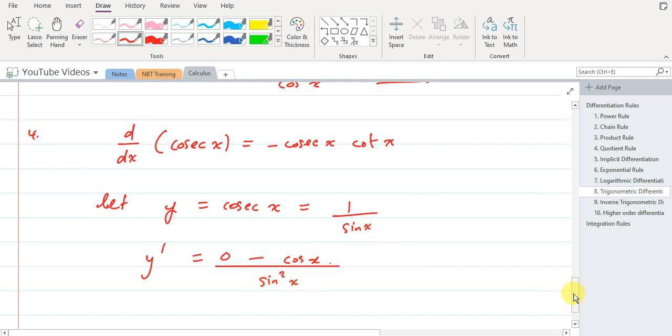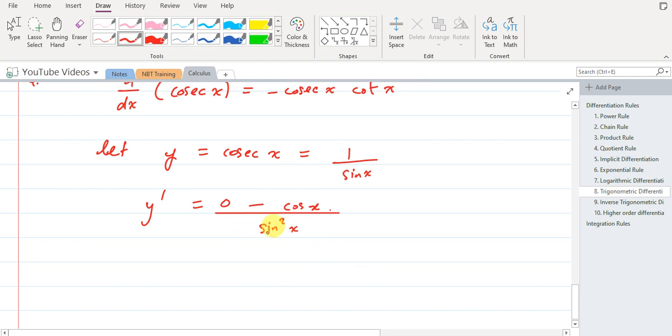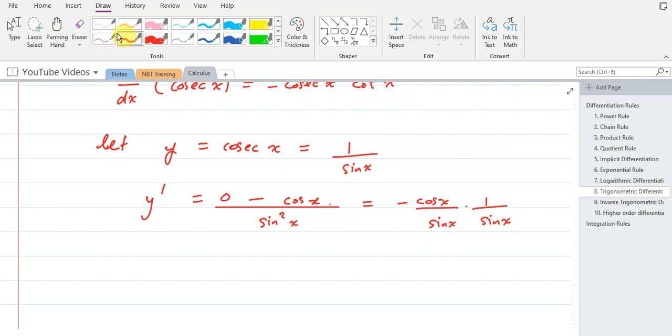So what I will do now is break this up into 2 parts. I'll break this up into negative cos x over sine x times 1 over sine x. Or let's write it like this: put 1 over sine x first, and then cos x over sine x for the second part.